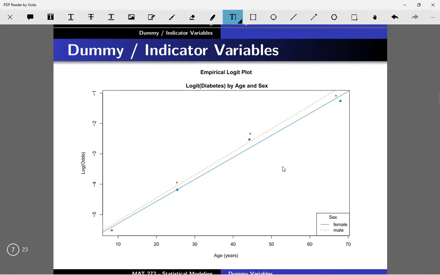So here what we see is that the log odds of diabetes is certainly linearly related to a person's age in years. So as you age, your odds of having diabetes increase. That's what we see.